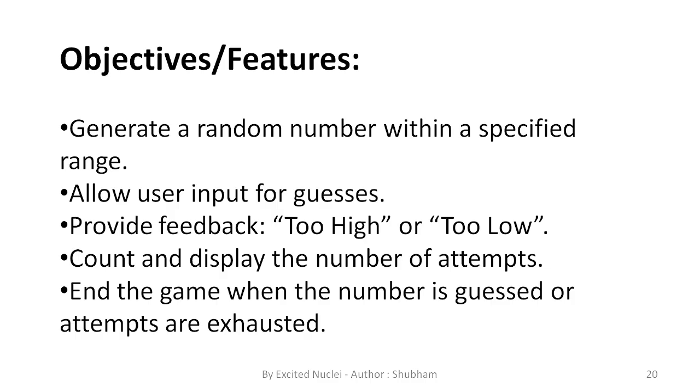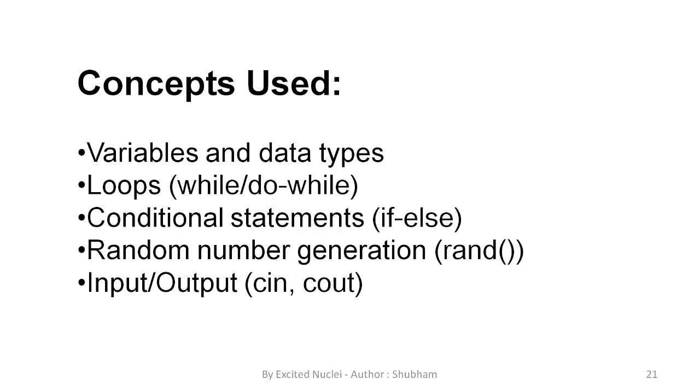And also we are going to give the user the option to end the game at one iteration or later. We will do that later. For now, we are just going to implement ending the game when the guess is correct or the attempts are exhausted. That can simply be extended to the exit thing later.